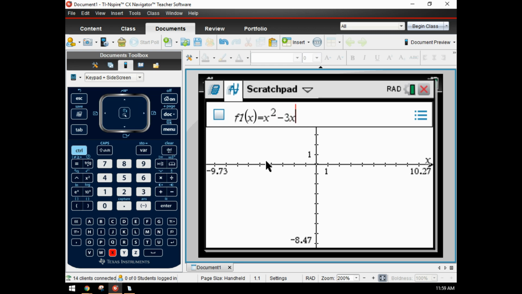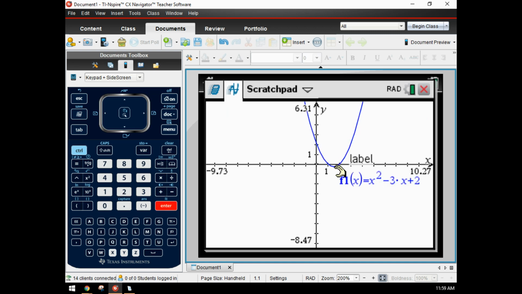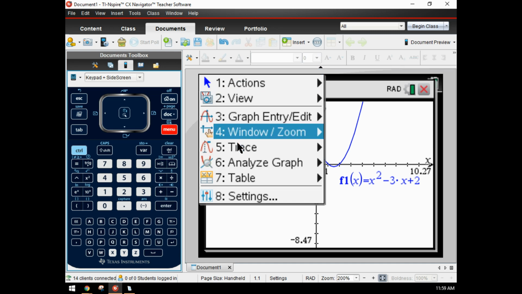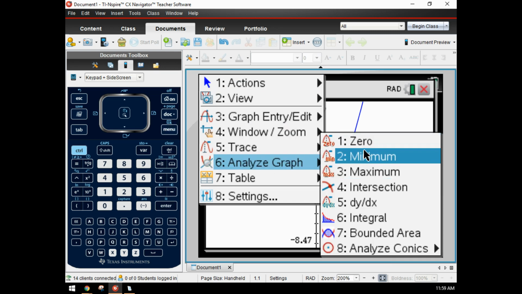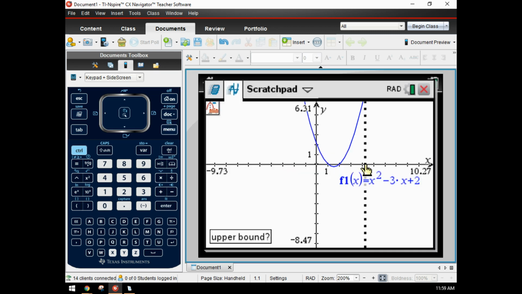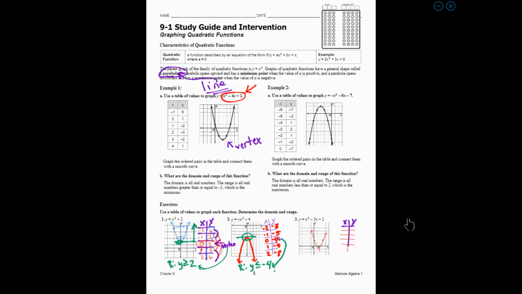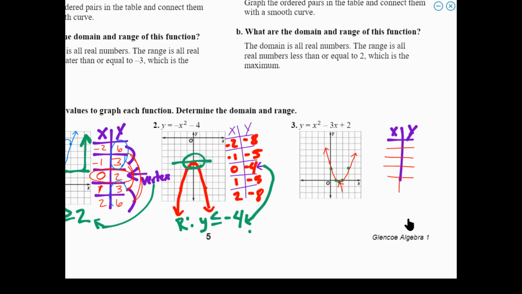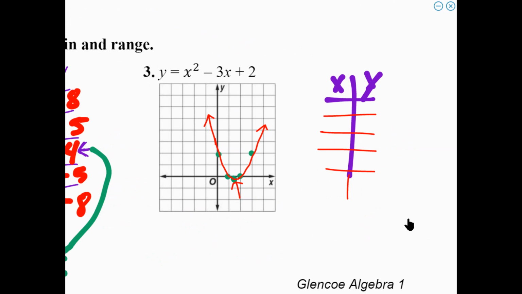Minus 3x, leave it in your exponent, plus 2. So notice that it's right below the thing there. You've got to go to menu, analyze graph to get that point, which is a minimum, so that you can put that vertex on your table.